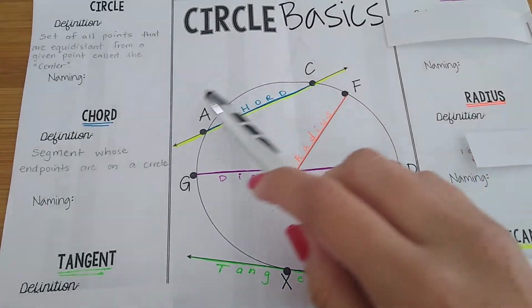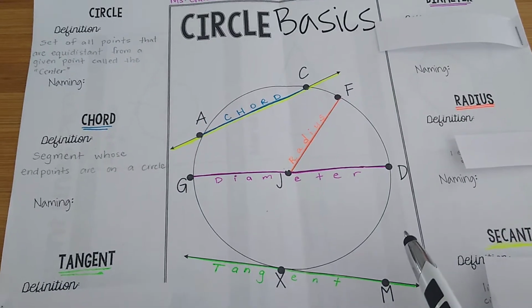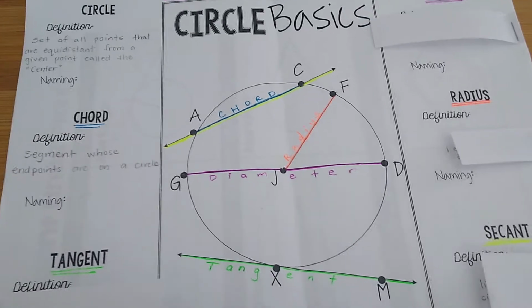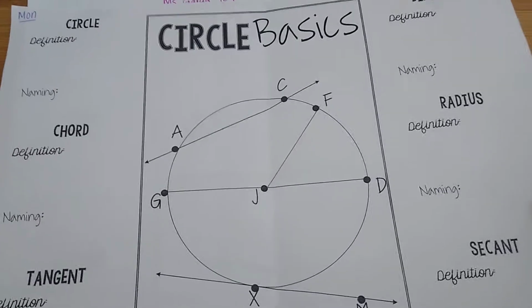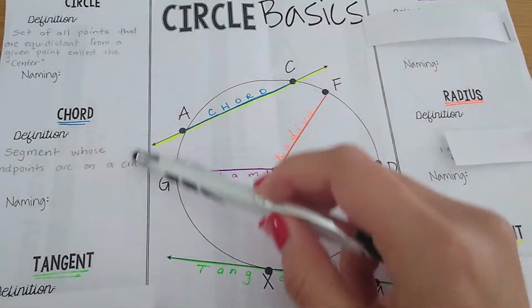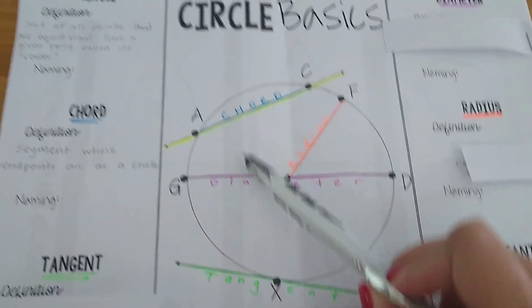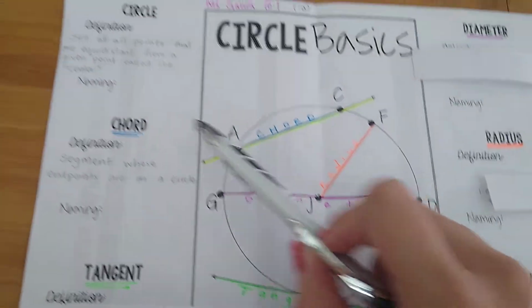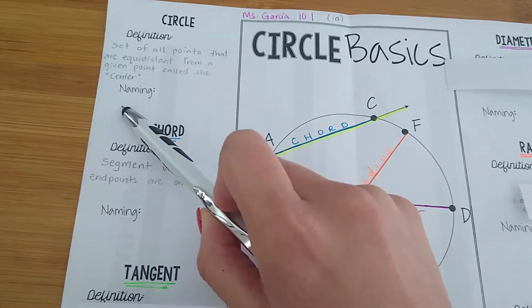This is a graphic organizer that I found very helpful, and I was going to have you guys do this as well, except you would have a blank one. In class, I'd show you this on the projector, and notice that they're all in different colors. Here we have the circle, and then the definition and a naming.